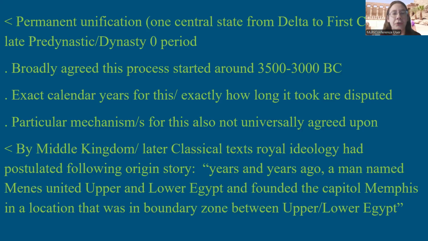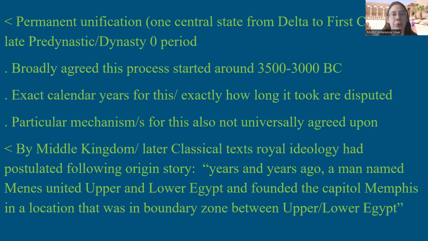Before the unification of those two geographical regions, there were multiple separate cultures living along the Nile River, in the Delta and elsewhere in the Nile Basin in Egypt.